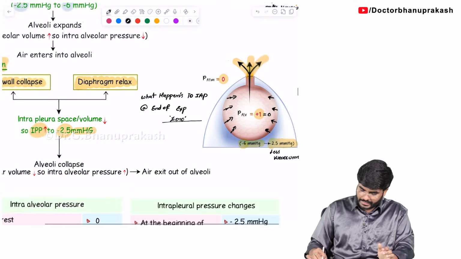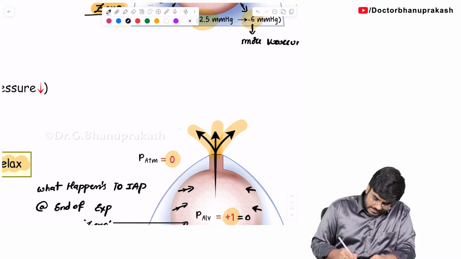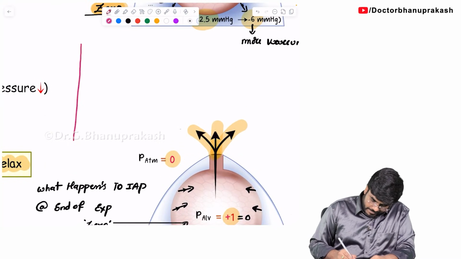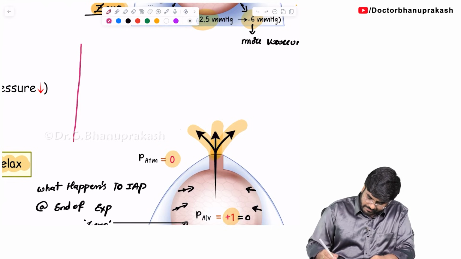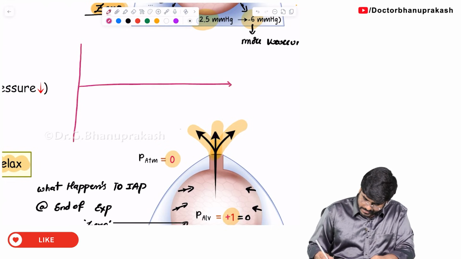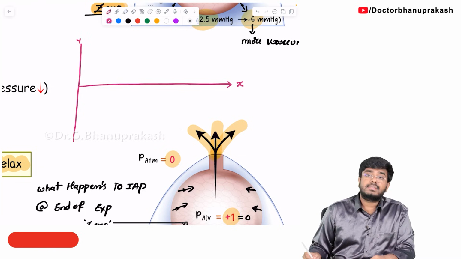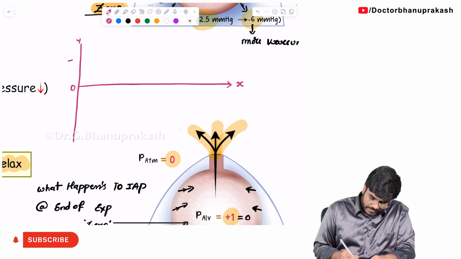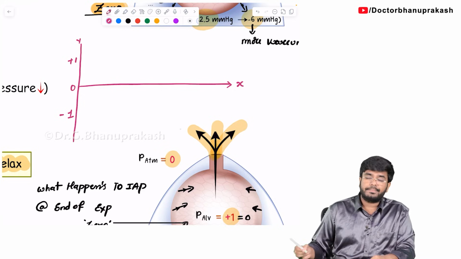So, for your better understanding, let me draw a graph for you. See guys, here I am showing a graph with x and y axis. Here is the x axis, here is the y axis. Now I am taking the 0 value here, here +1, here -1, let's say.